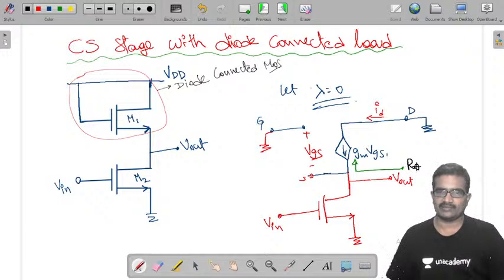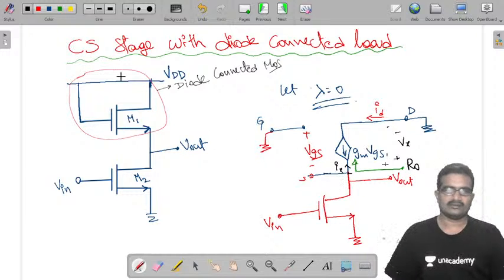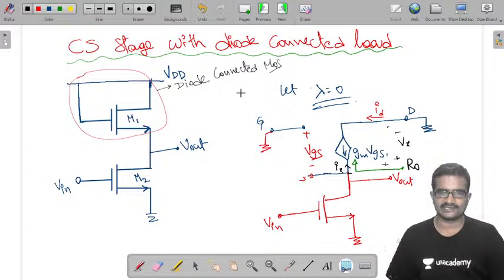Now I am going to calculate R naught. R naught at this end is the voltage between these two points divided by the current. Let this voltage be Vx and this current be some Ix. Now I am copying this circuit for analysis.